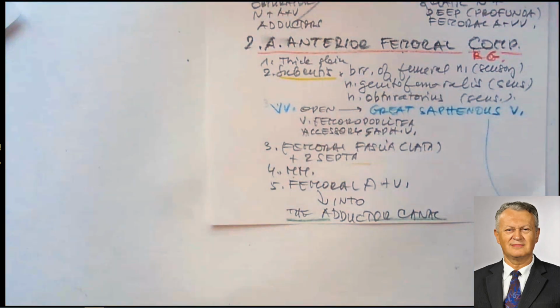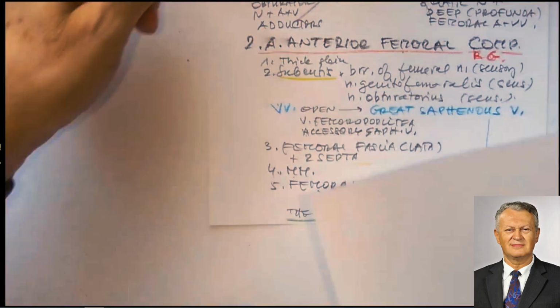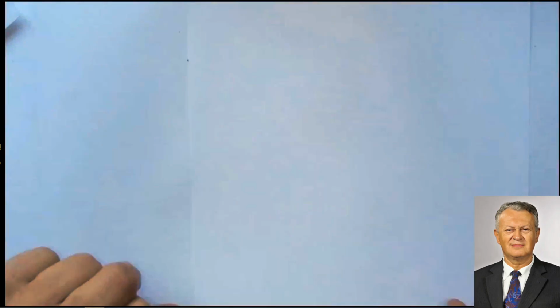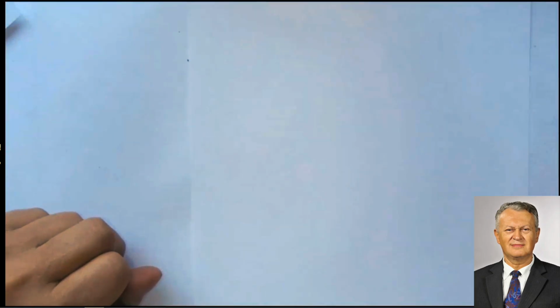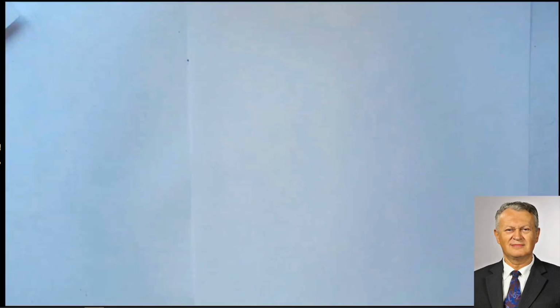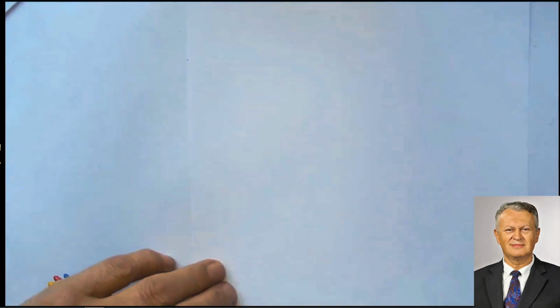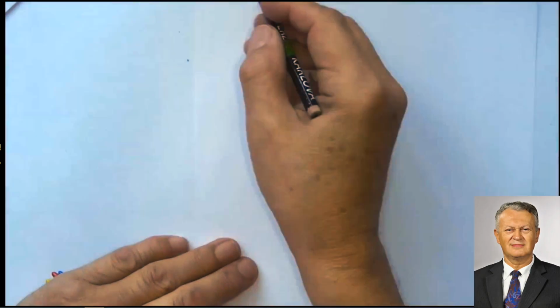There's definitely no place. Before we draw the saphenous vein, we have to maybe just draw one simple sketch of the structures that pass through the abdominal cavity.